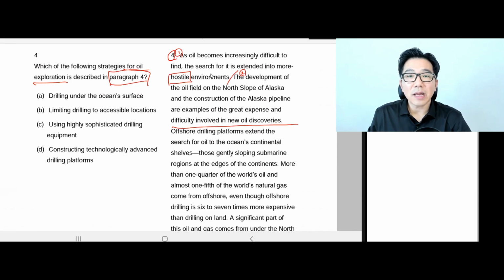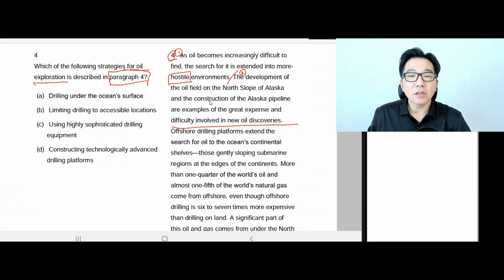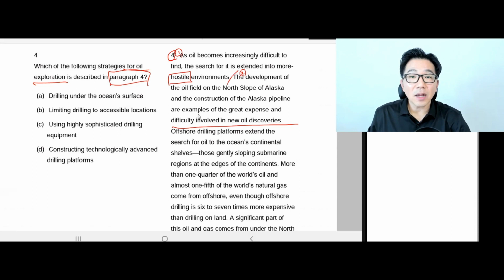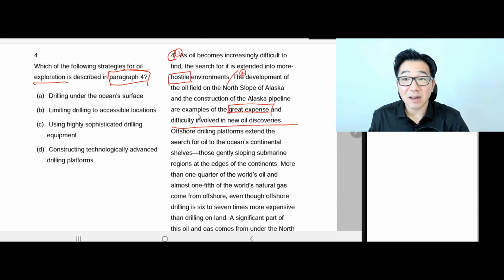An example of this place is the north slope of Alaska, and the construction of the Alaska pipeline is an example of this, going to a hostile environment. Plus, it shows that because it's a hostile environment, it costs a lot of money to get oil from here and build a pipeline. It says great expense and difficulty. It's more difficult to do in other places.